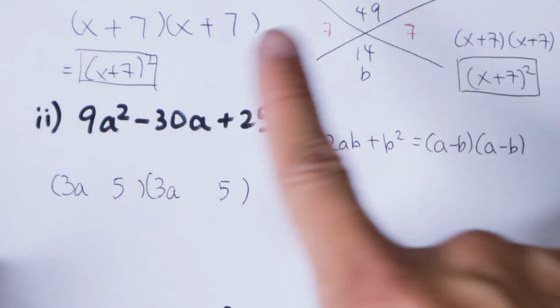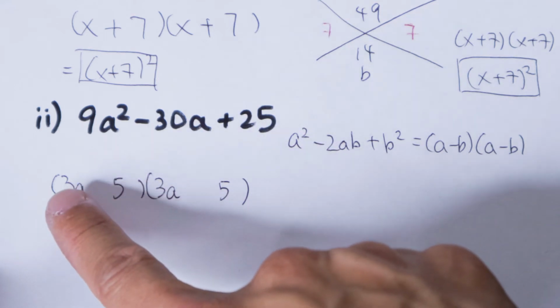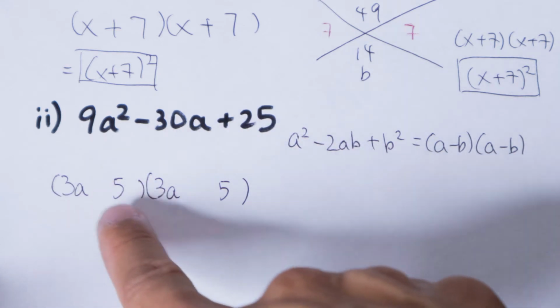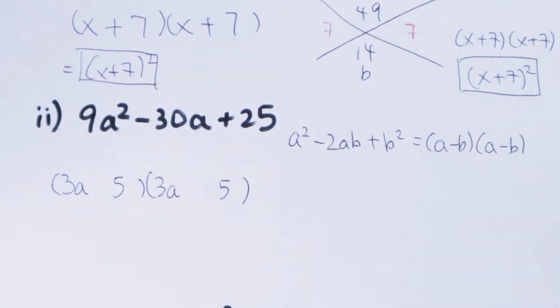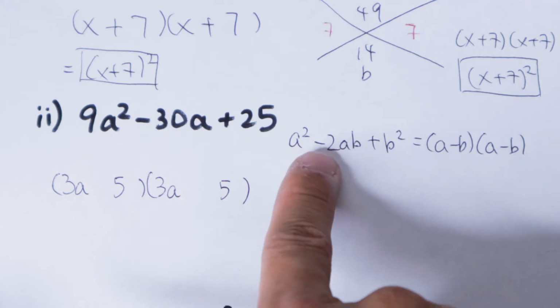Now you're going to check, is the middle term twice the product of a and b? In other words, is 2 times 3 times 5 going to get you 30? Well, in this case, it is. Actually, in all cases, it is.